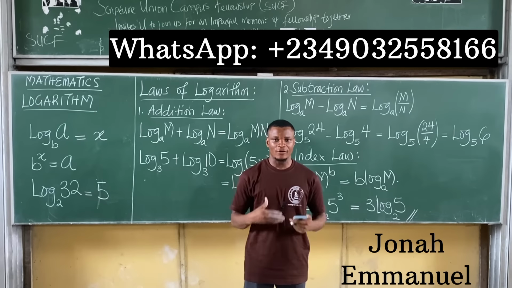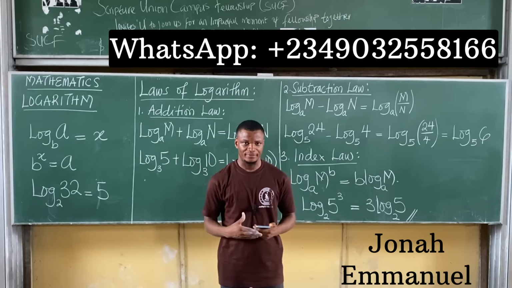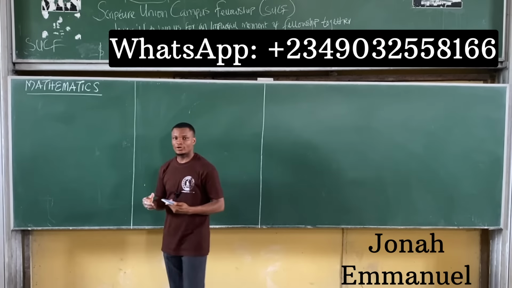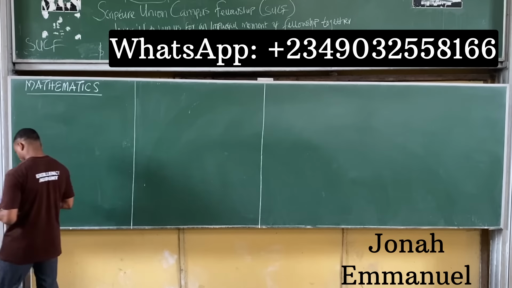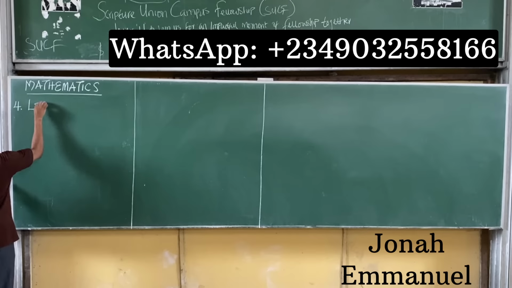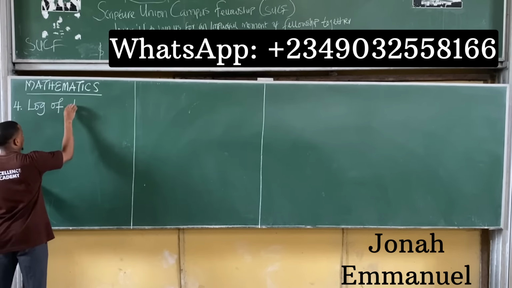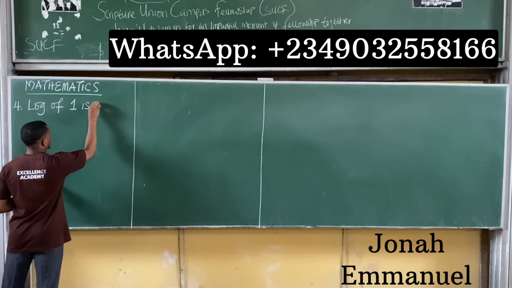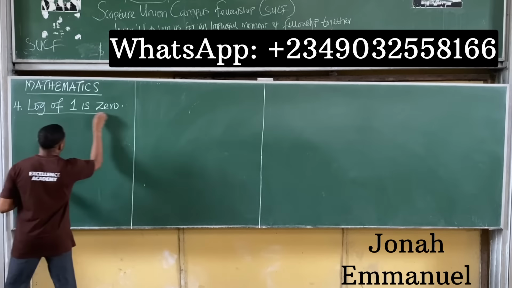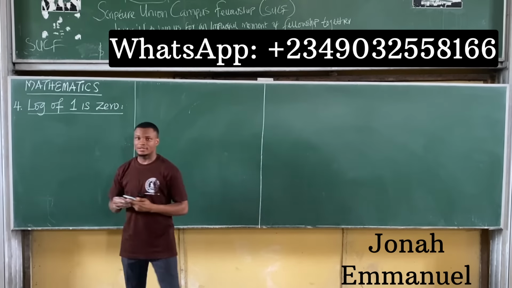Let's look at our fourth law of logarithm. The fourth law of logarithm says that the log of 1 is 0. Please, something very important to note: the log of 1 is 0.